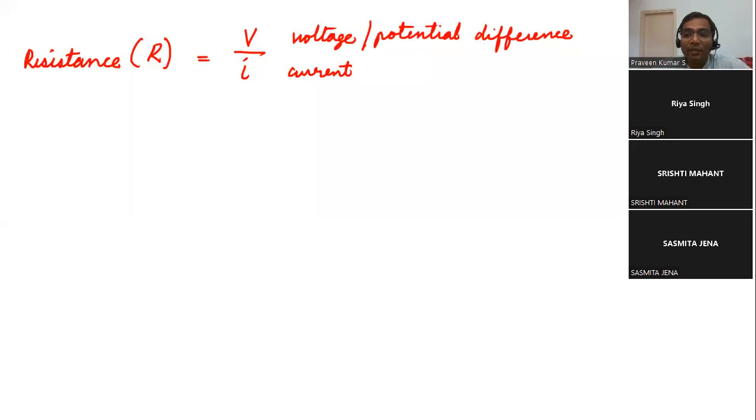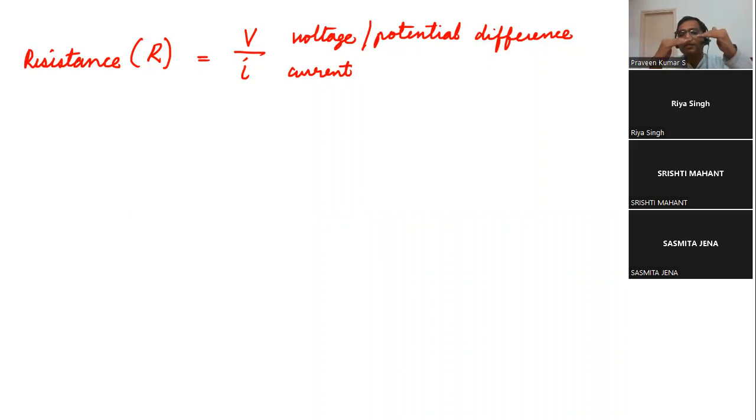Isn't it decided by whether there is an incline or not? Would you agree? Yes, sir. So that incline is nothing but change or difference in height. So the moment you create an incline, what will happen? Water will flow from a higher point to a lower point, isn't it?